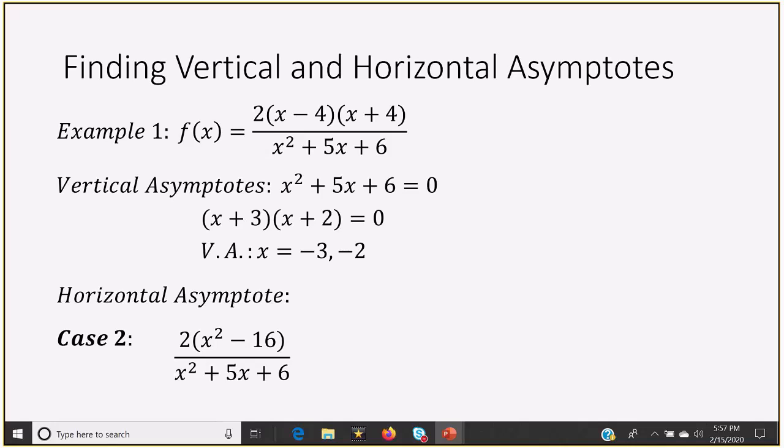And now I can see the degree on the top is equal to the degree on the bottom. So I know I'm in a case 2 scenario. And so I would distribute the 2 out, and now I look at the coefficients of x squared and x squared. And so there is kind of that invisible 1 next to the x squared in the denominator. So it's just 2 over 1, which is just y is equal to 2.